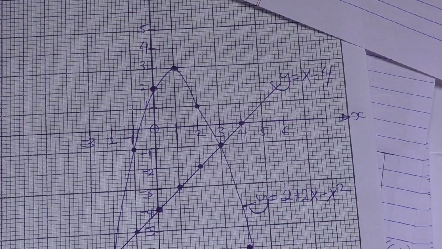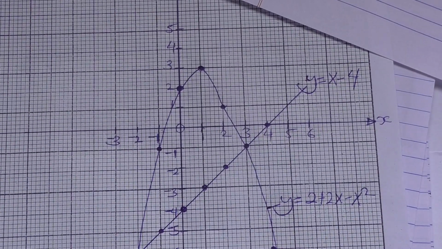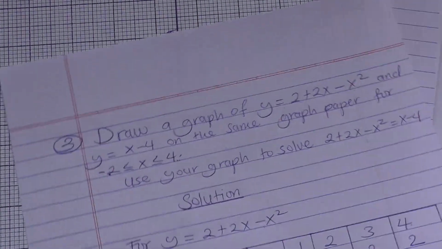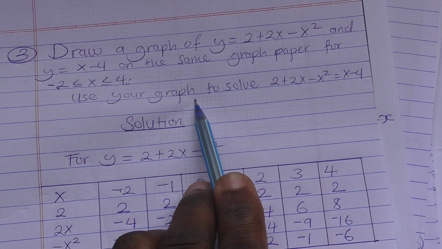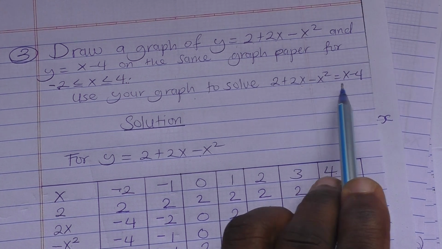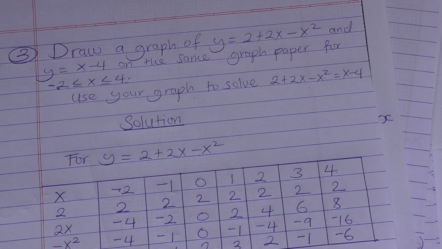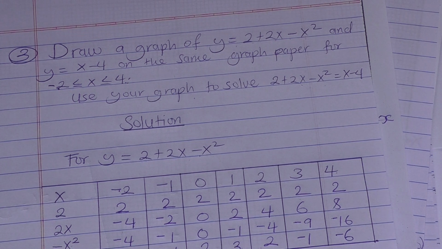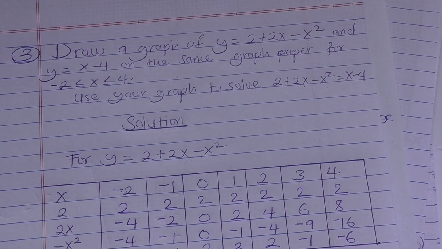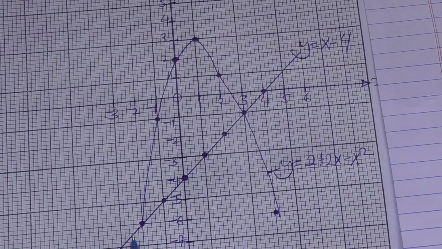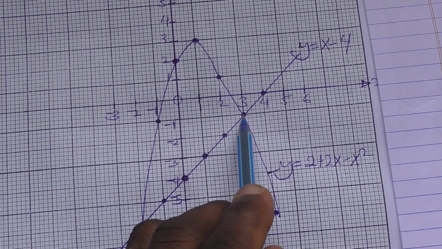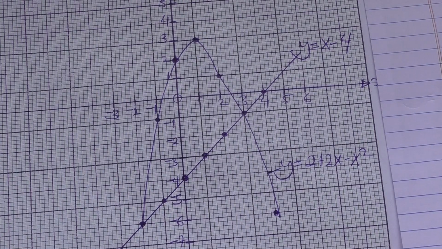And now after sketching, we shall go back to our question. The question required us to use the graph to solve 2 plus 2x minus x squared equals x minus 4. So how do we use the graph to solve such a problem? We shall determine the points where the line cuts the curve, where the line intersects with the curve.